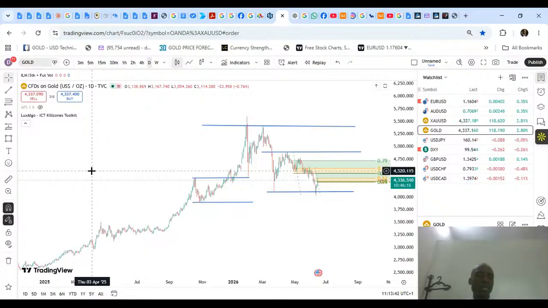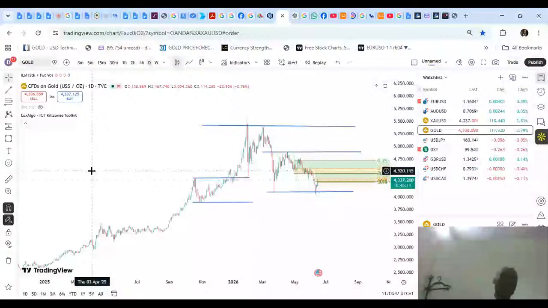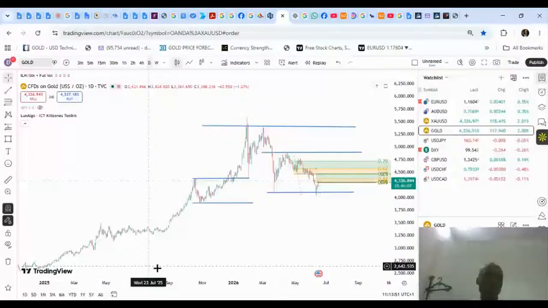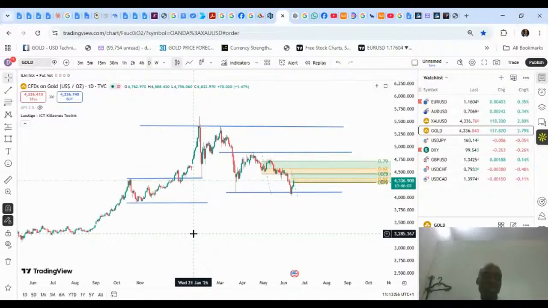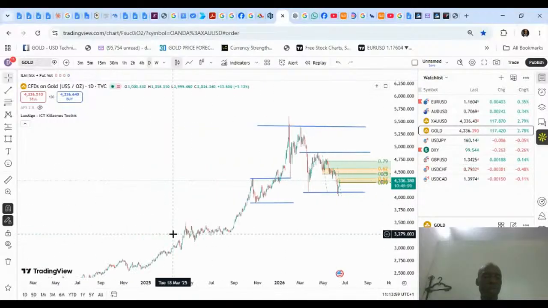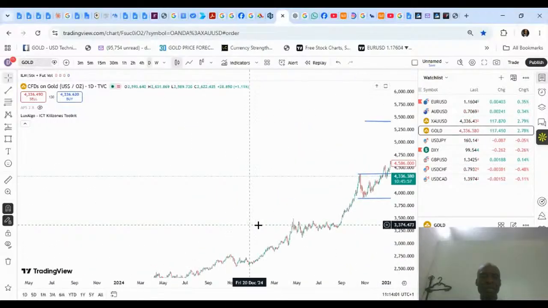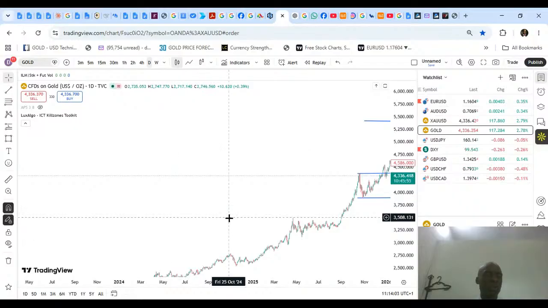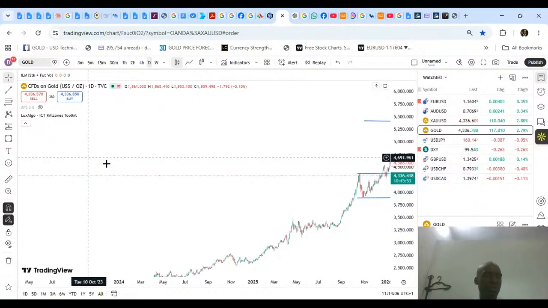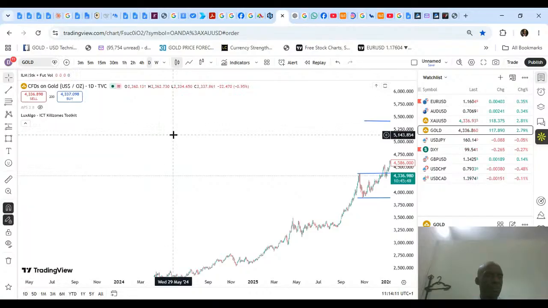So I'm looking at gold at the moment, and I'm using the daily time frame, and of course we are employing the smart money concept. I will explain further. Now, the smart money concept is simply based on the basics of Forex trading. You know that in Forex trade, there are two main types of trend.